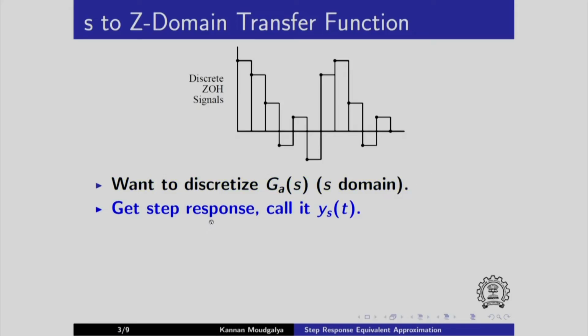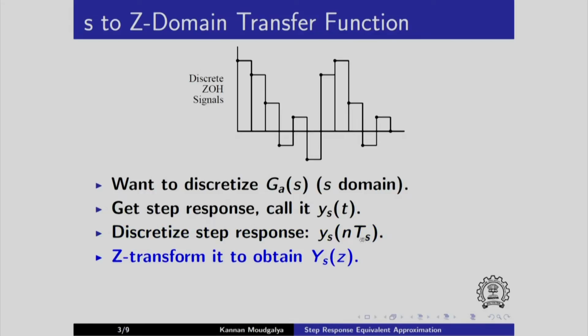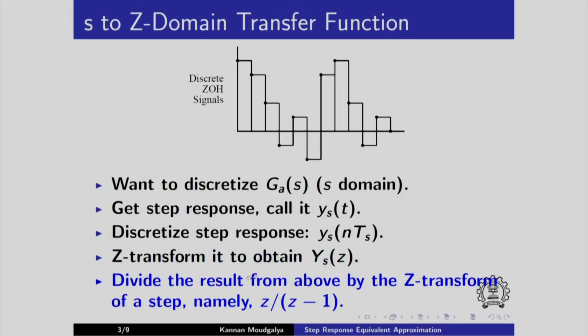Let us obtain the step response from it, call the step response Ys of t, discretize this continuous signal to get Ys of nTs, Ts being the sampling time, and take the Z transform of these discrete time signals. You get Ys of Z, capital Y. Divide the result from the above by the Z transform of a step, namely Z over Z minus 1, to get G of Z.